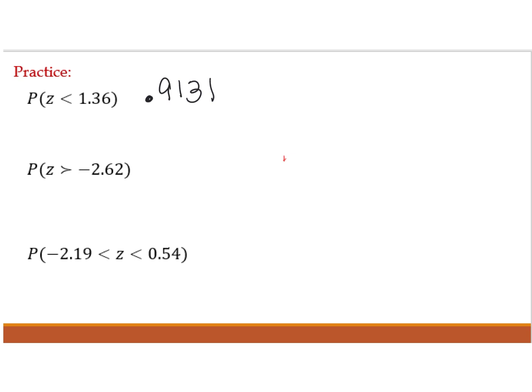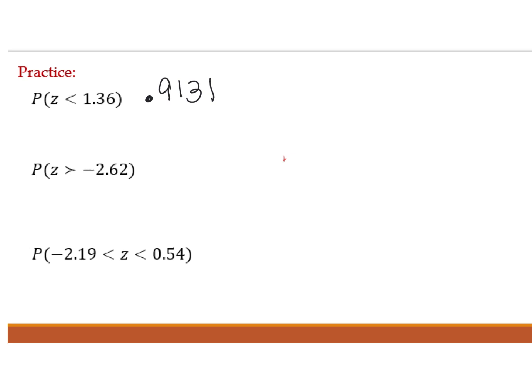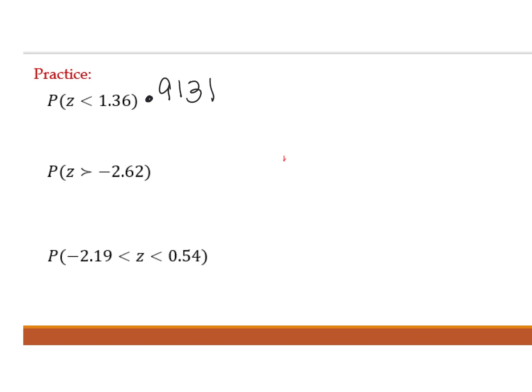If I wanted to change this to the percentage of this data, I'm going to move that decimal 2 places to the right, and I would have 91.31%, which means that 91.31% is below that certain z-score.